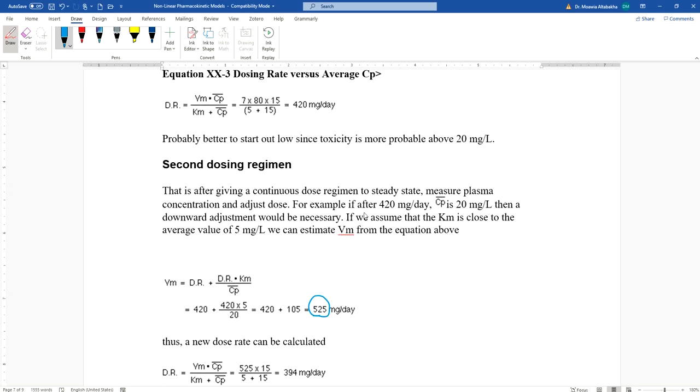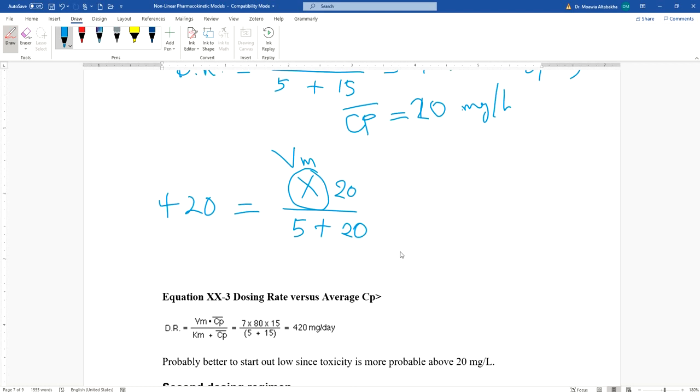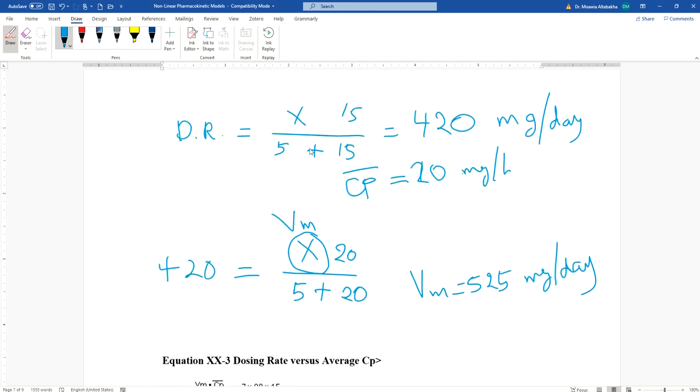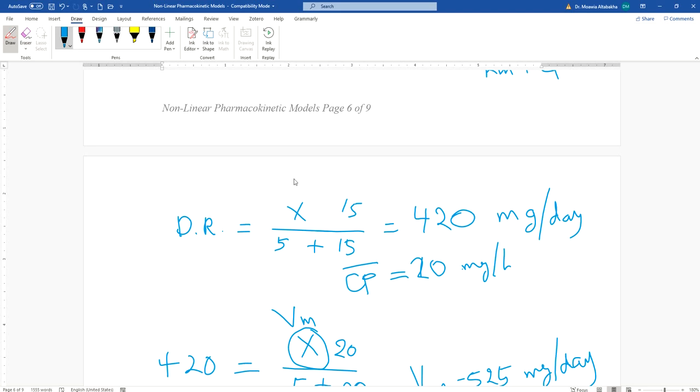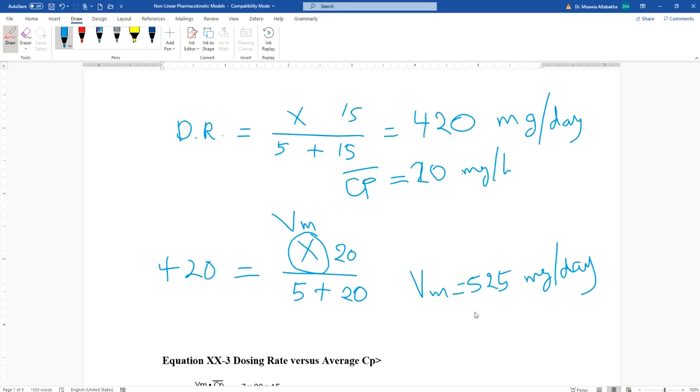So your VM will be 525 milligram per day for this patient, instead of 560. Which means he has less capacity to metabolize and eliminate this drug. That is, the maximum capacity for eliminating the drug is 525.